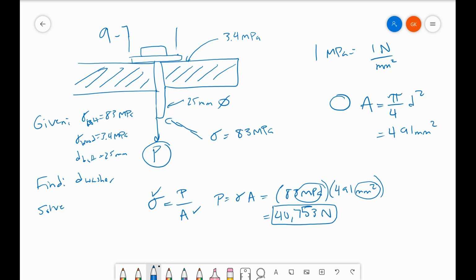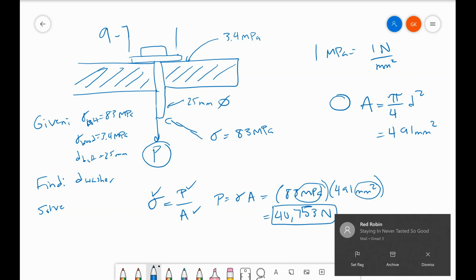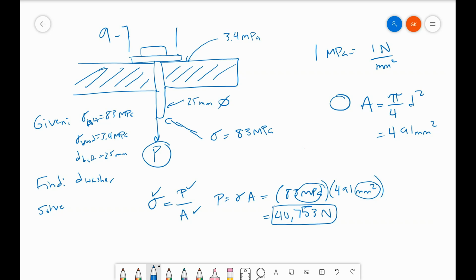Now I know what my load is. I still need to find the diameter for the washer, because we don't know what that is yet. But the equation is the exact same: sigma equals load over area.